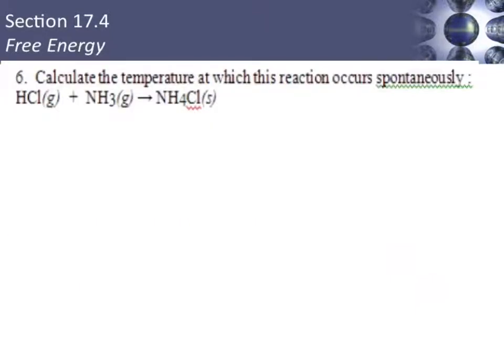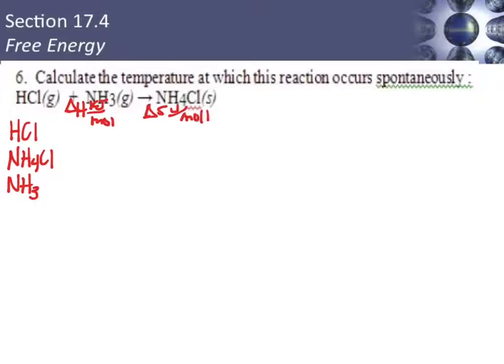All right, so this one we're going to write down these numbers because I don't think I have them on the chart. So we have HCl, NH4Cl, and NH3. And we're going to do delta H in kilojoules per mole, and delta S in joules per mole K. Negative 92.3, negative 313, and negative 46.1.